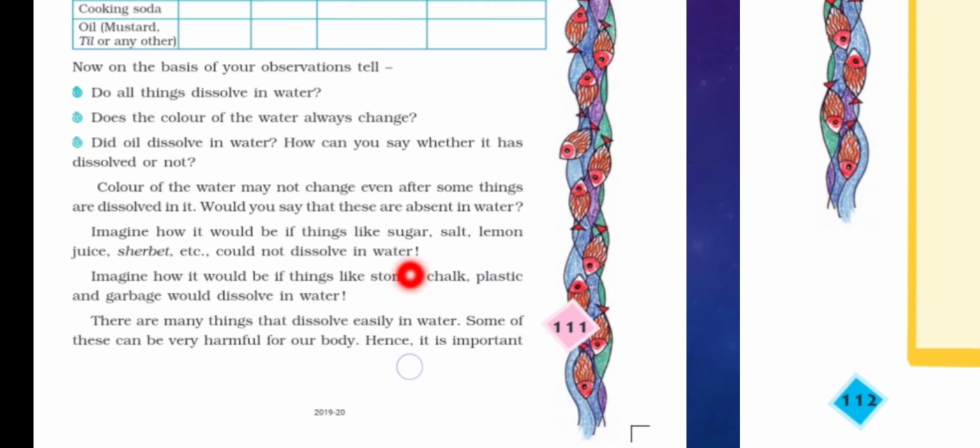Can you imagine what can happen if those things don't dissolve in water? Imagine how it would be if things like stone, chalk, plastics and garbage were not dissolved in water. You can also imagine what can happen to us if these things don't mix with the water.